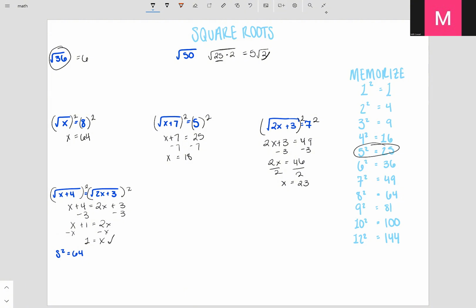If we want to check, this one might be one that you would want to check. That is correct. Now, if we have s squared equals 64, we can square root each side, meaning that s equals 8.